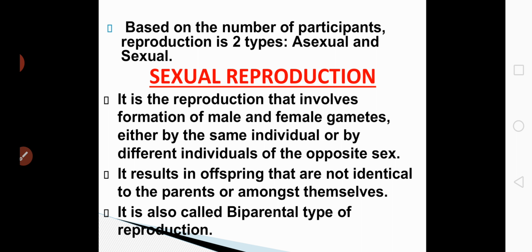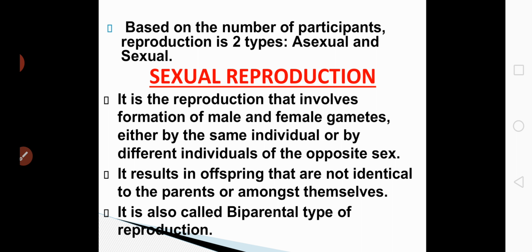The reproduction process involves only one parent, whereas in sexual reproduction, it involves two parents. That means the offsprings are produced from two parents, and because of the involvement of two parents, sexual reproduction is also called biparental type of reproduction.